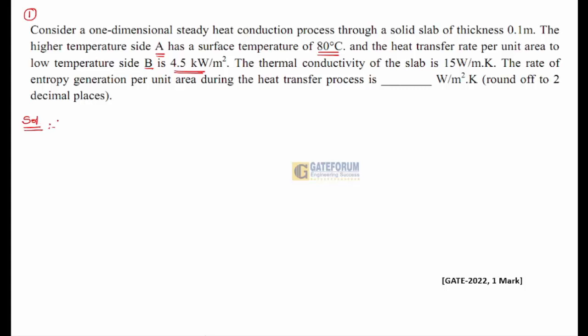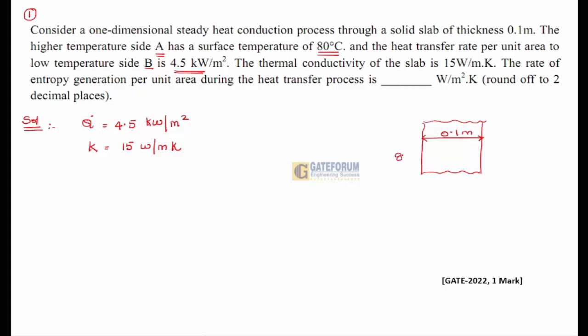Here he has given Q, the heat transfer rate, 4.5 kilowatt per meter square. Thermal conductivity is 15 watt per meter Kelvin. Suppose this is the wall taken, let this thickness be 0.1 meter.